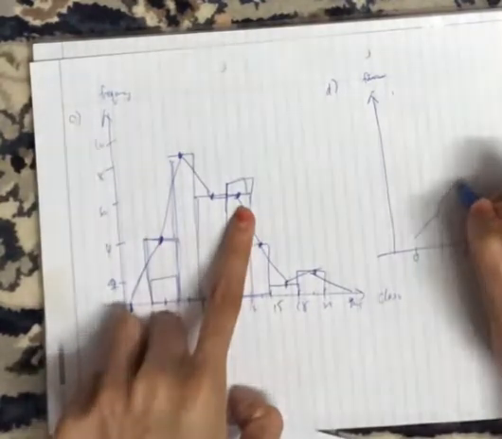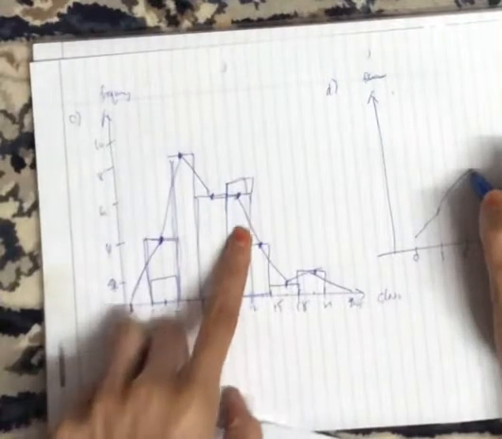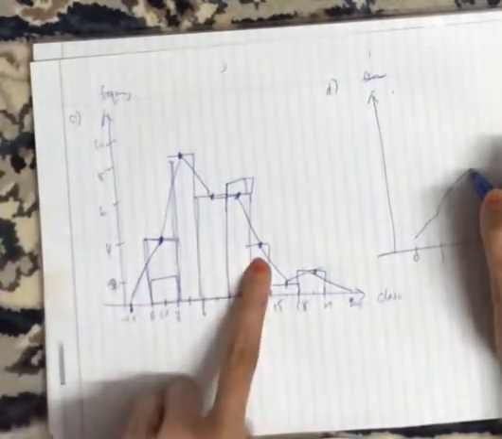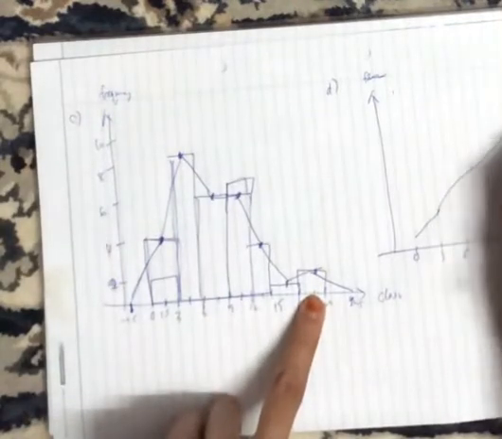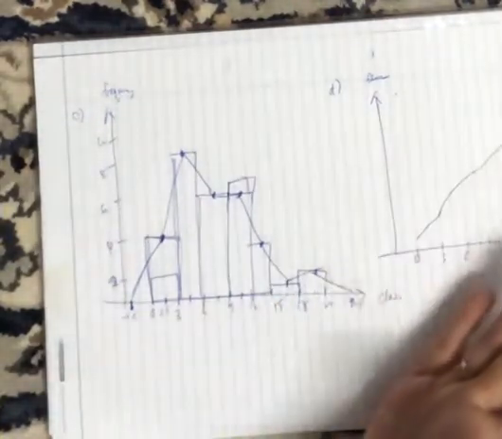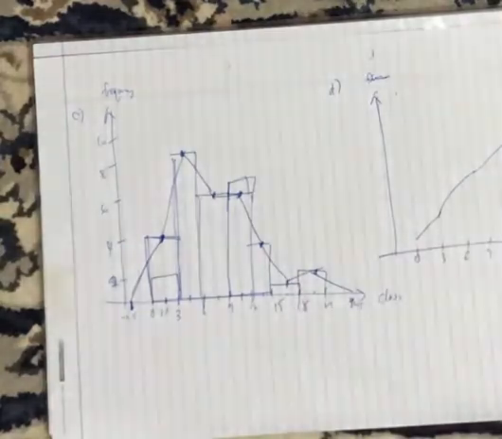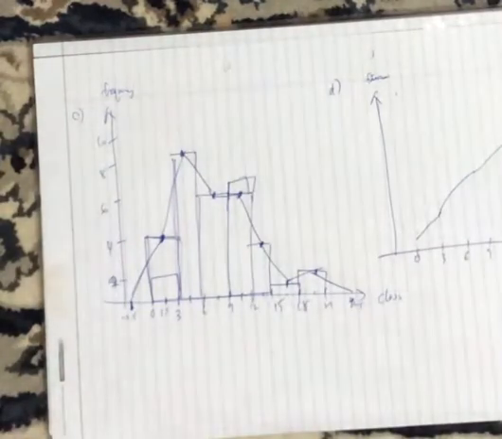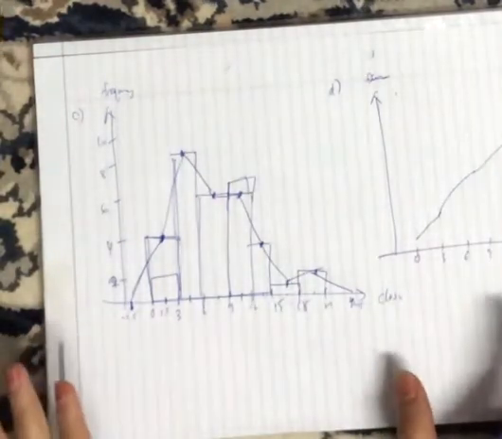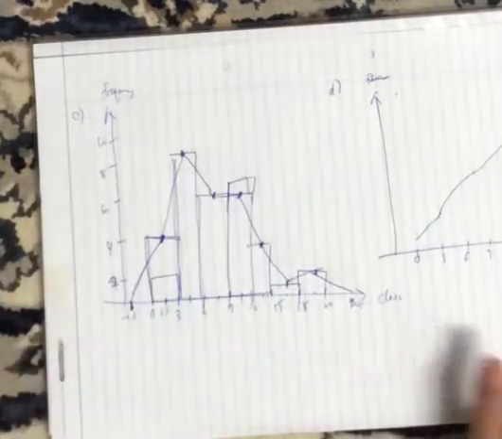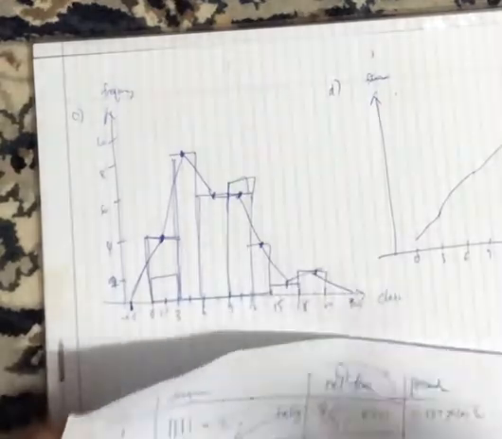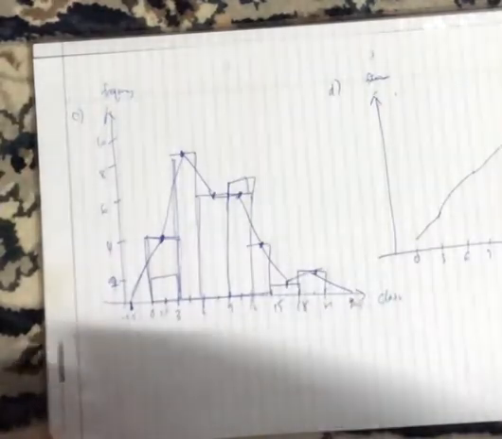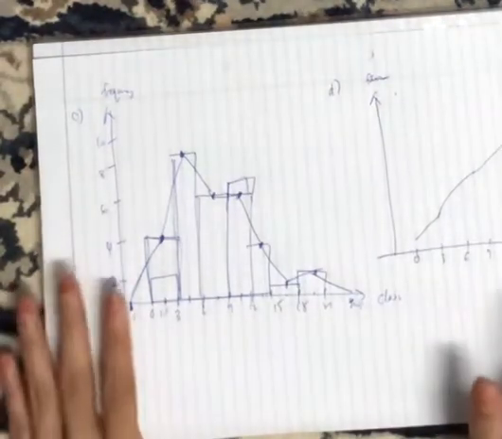And then this one is equal. And then dia akan plus dengan 3, for example. And then it's plus 1. So when it is plus, it means that the graph will be increasing. The graph must be increasing. So ogive is related to your cumulative frequency. Okay, that's it.